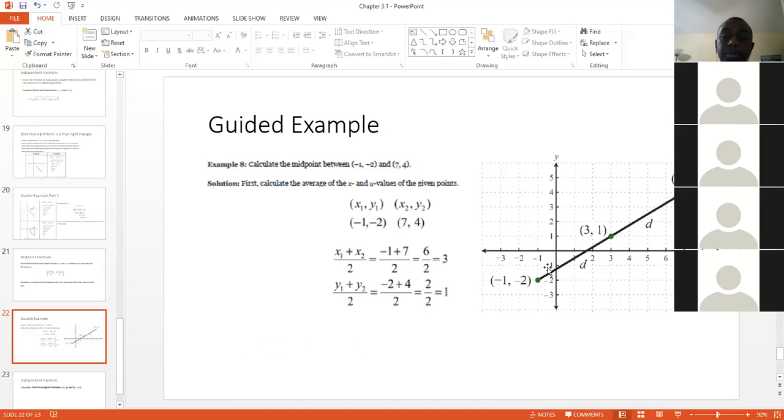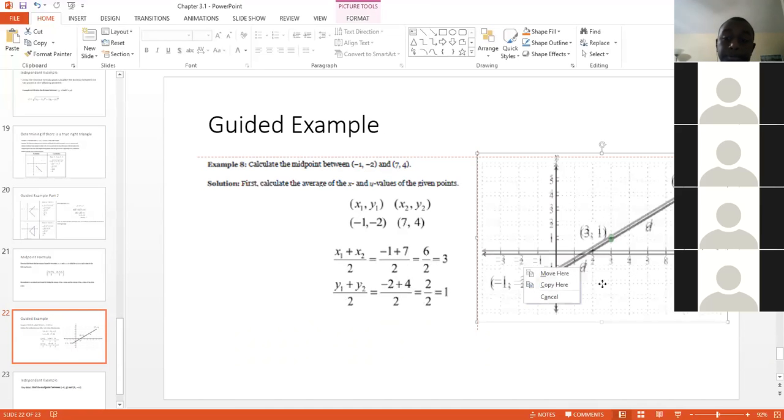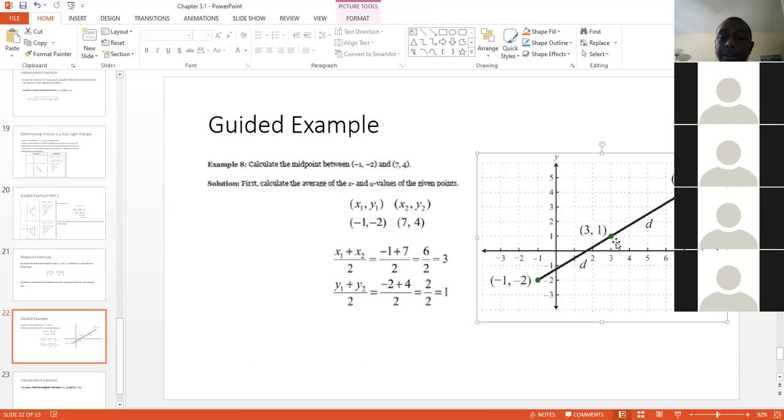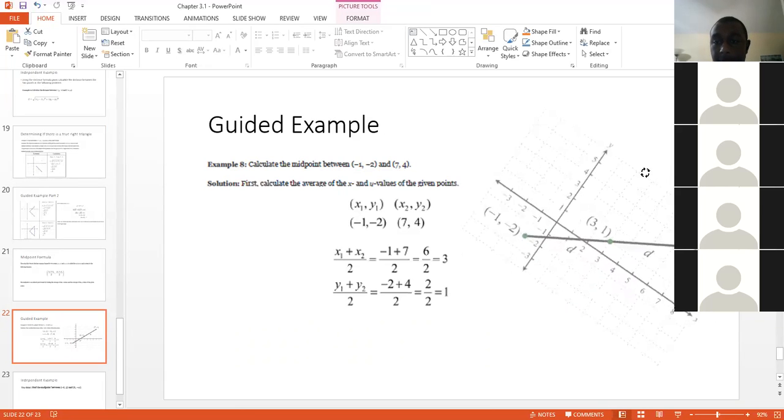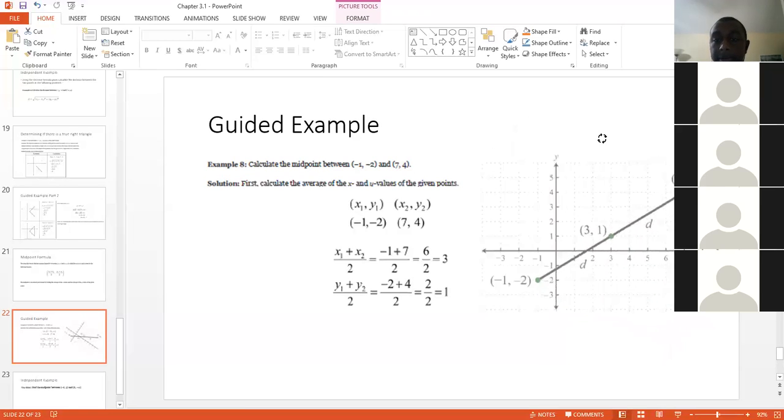So the midpoint is (3, 1). You can see here, if you tilt it, it looks to be in the middle. You plot it. We just proved it with math.